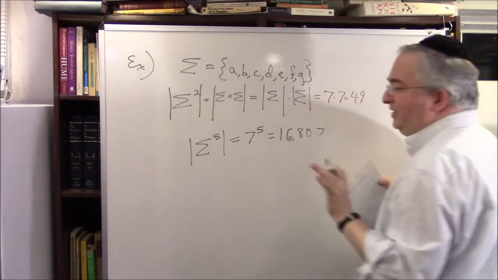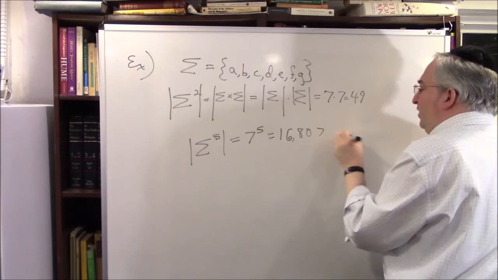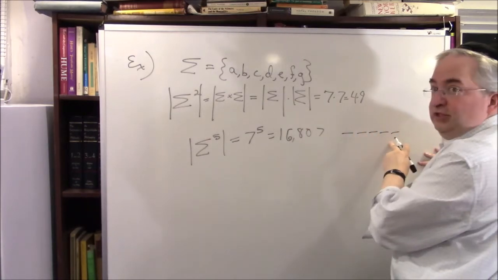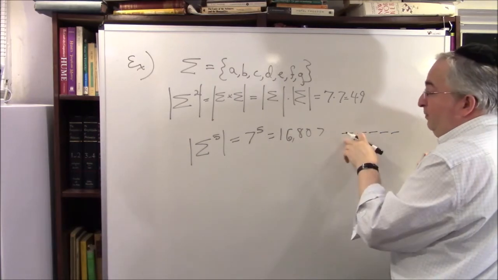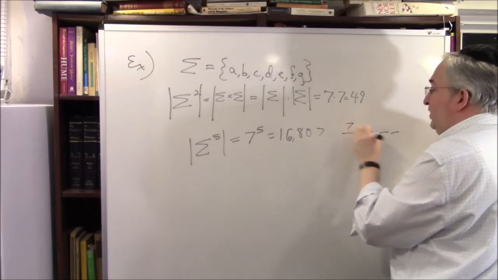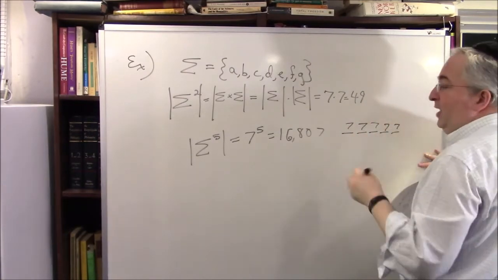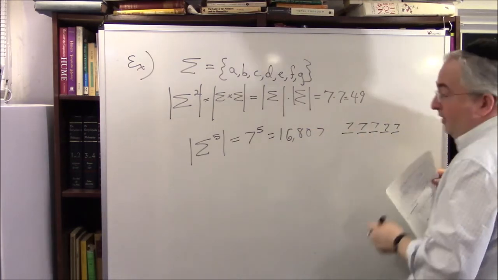I like to think of a 5-letter word as having 5 choices to make. Remember, the product rule is about making choices. How many choices can I put in here? 7. How many choices can I put in here? 7. 7, 7, 7. 7 times 7 times 7 times 7 times 7 is 16807. Great.